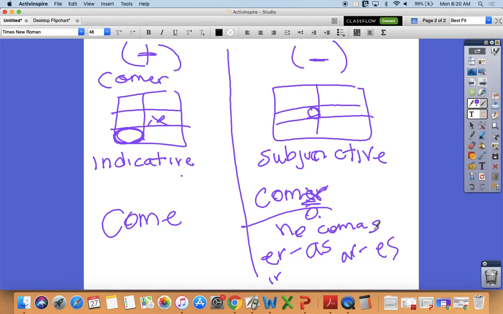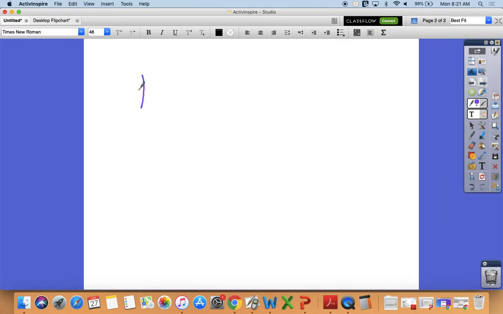If it's the verb tener, that's where things get a little tricky, because the yo form of tener is tengo. You drop the O, and it's an ER verb, so we say no tengas. Right? No tengas.